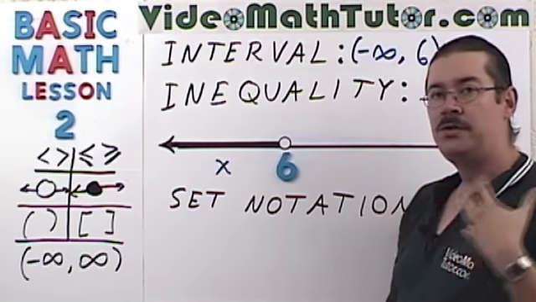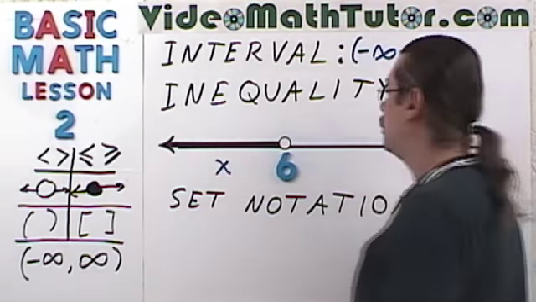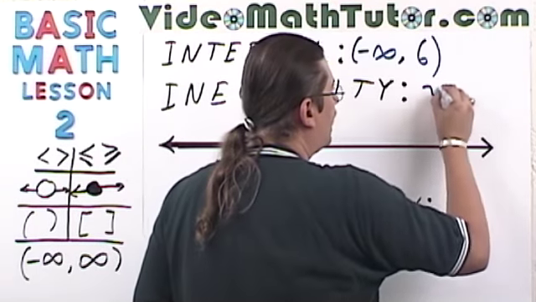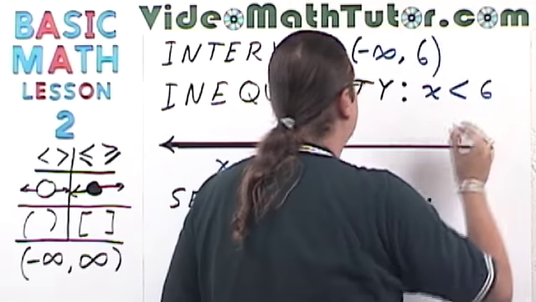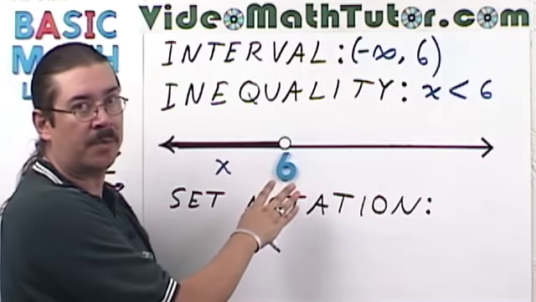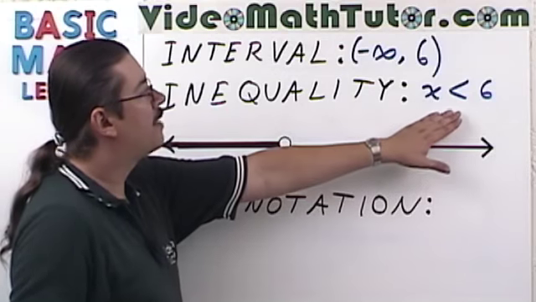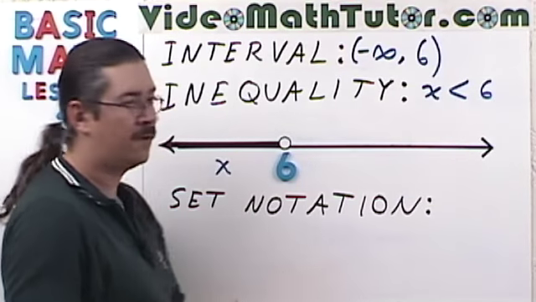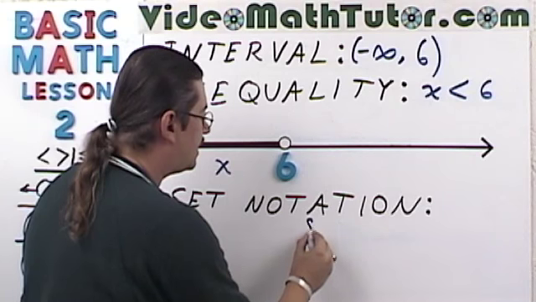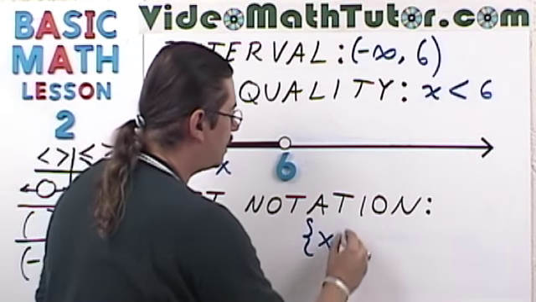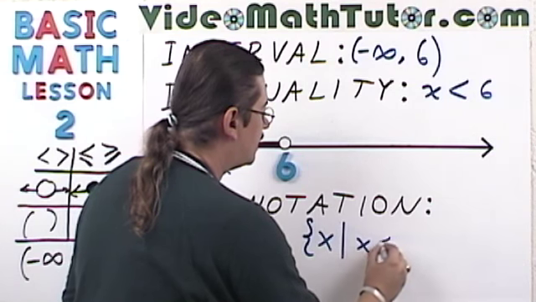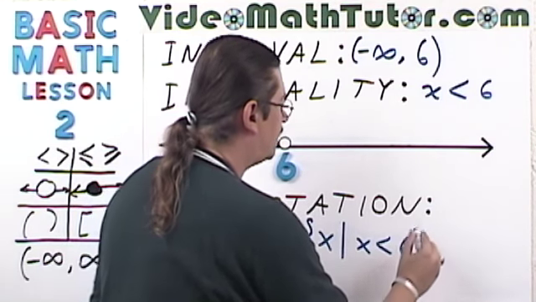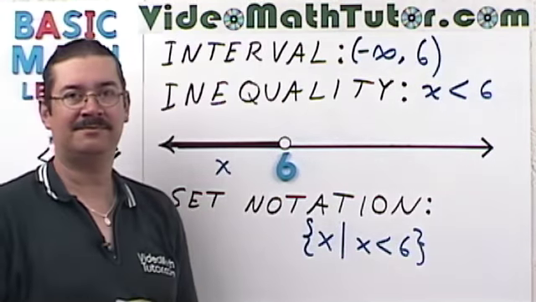So I'm just going to put those words into notation. My x's are less than 6. They don't include 6 because it's an open dot. And once you have inequality notation, the set notation just falls right into place. It's going to be the set of all x values such that x is less than 6. And then this problem is done.